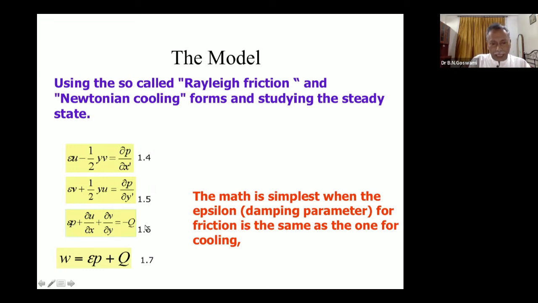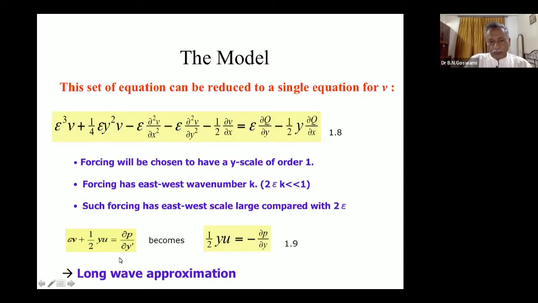But the third equation can now be written so that in the steady state the vertical velocity is proportional to heating, and this is dissipation. If there is no dissipation, vertical velocity is just proportional to heating. If there is no heating, there cannot be any vertical velocity. So the vertical structure of the circulation is going to depend on the vertical structure of this heating, and here we have assumed that kind of a structure.